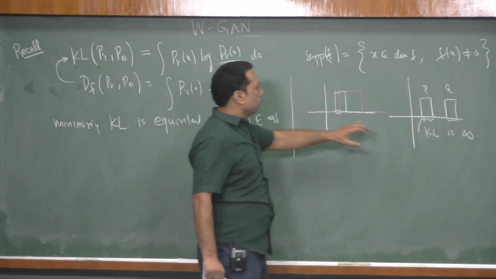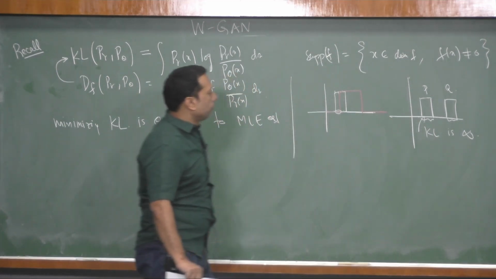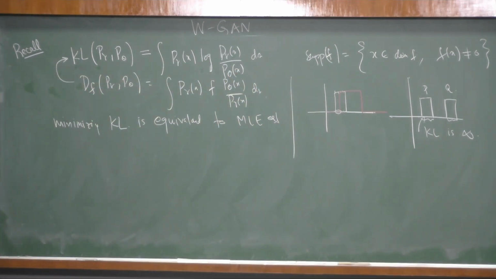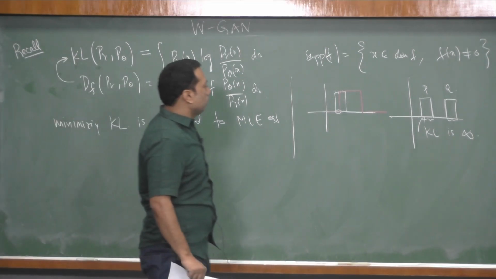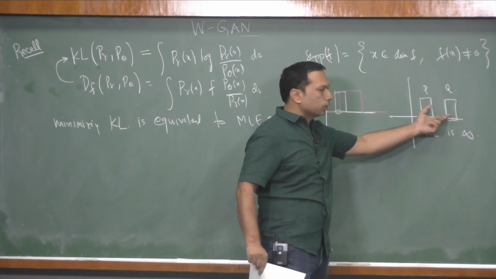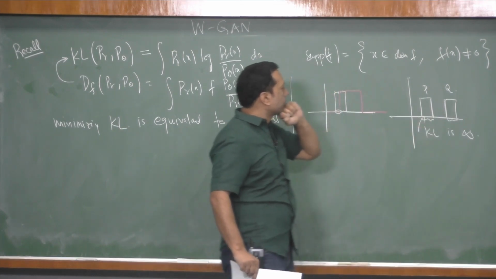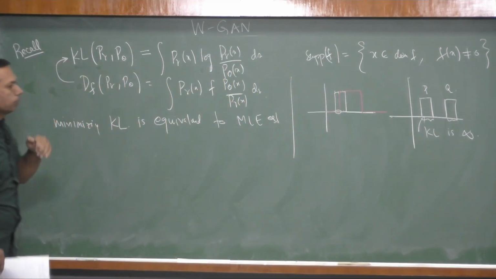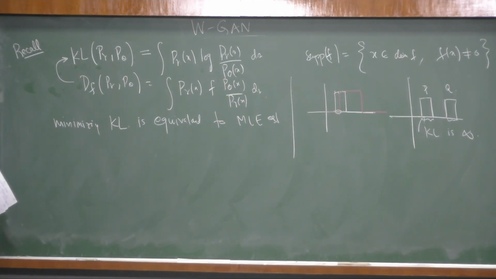But in general this shouldn't be the case. We are looking for measures which do not explode in such cases, but still give me some way to compare. I still want some distance measure in that case, even if their support is not the same. So that's where WGAN comes into the picture.